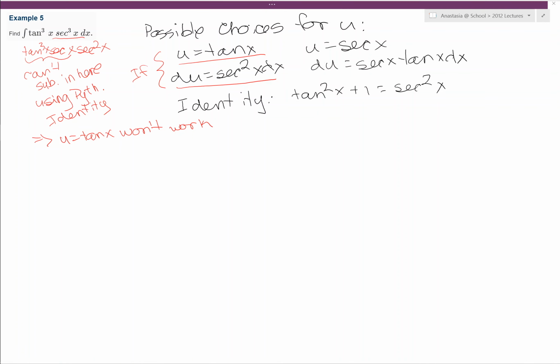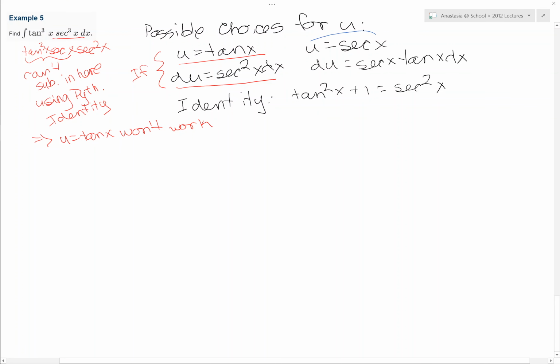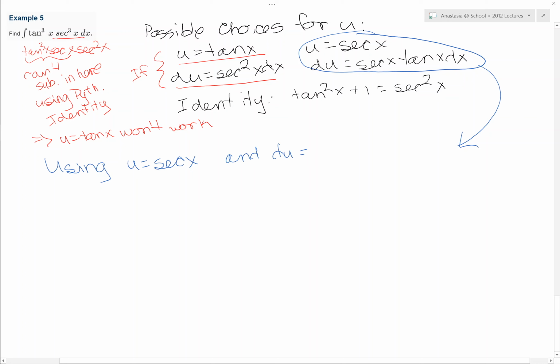So instead, we need to use our second option: u equaling secant x and du equaling secant x tangent x dx.